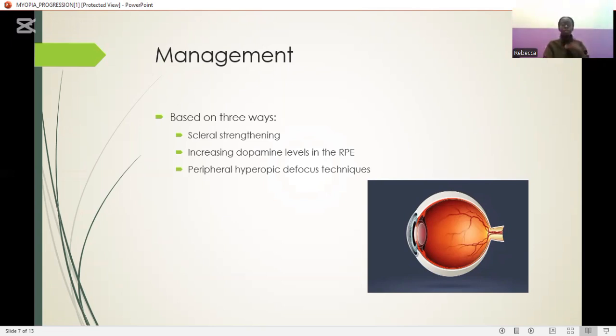So what we do is myopic defocus. And I hope this doesn't get you confused. We use myopic defocus to do away with hyperopic defocus. So what is happening is hyperopic defocus, and what we are doing is myopic defocus to neutralize the defocus that we have at the periphery.